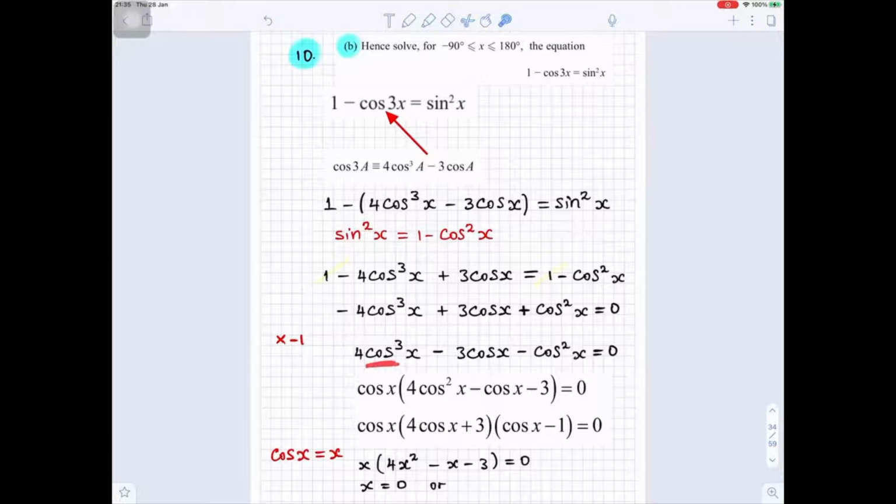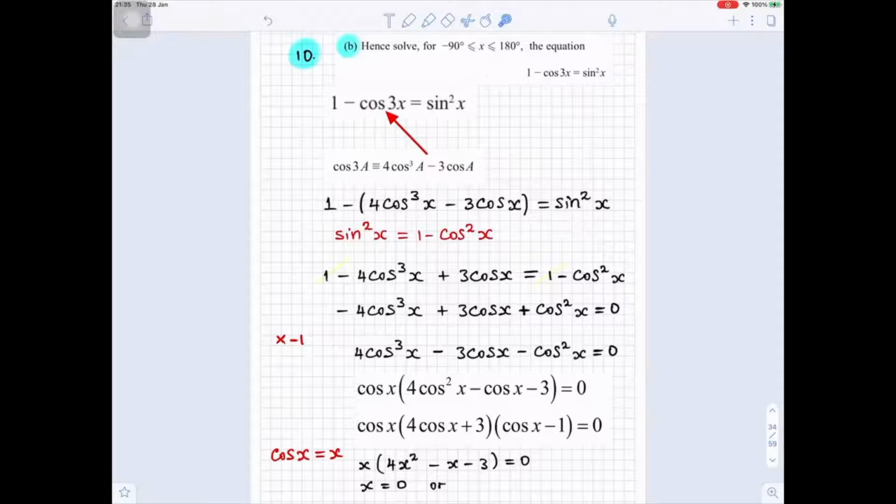Cos x is found in all three of them. So you take cos x out of the bracket, factorize. So you got cos x there. And you'll be left with 4 cos squared x minus cos x minus 3. The cos x comes from there, and the 3 comes from there, equal to 0. When you factorize this, it's like factorizing 4x squared minus x minus 3.